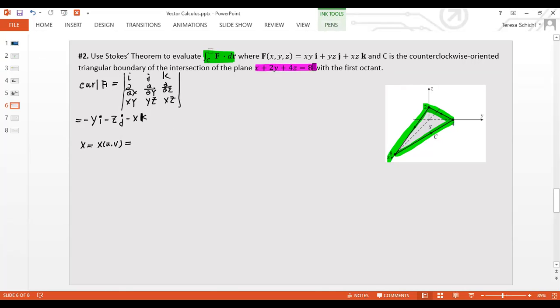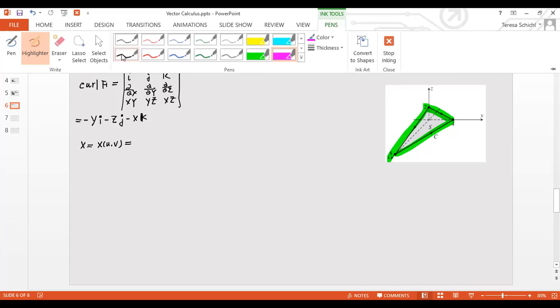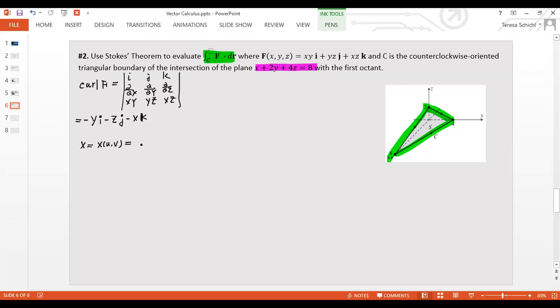This is my surface, x + 2y + 4z = 8, so I can say x = 8 - 2u - 4v, with y = u and z = v. That's pretty good.